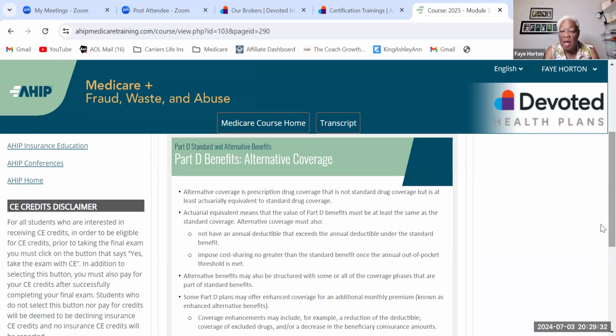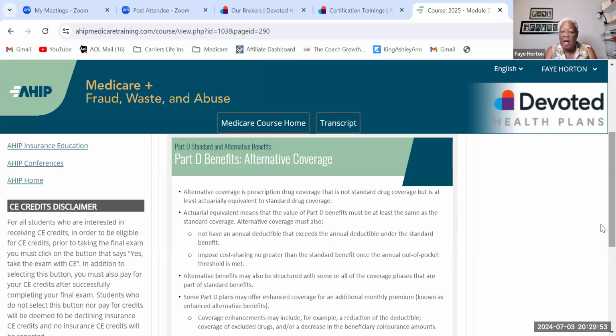Alternative coverage must also not have an annual deductible that exceeds the annual deductible under the standard benefit. It must also impose cost sharing no greater than the standard benefit once the annual out-of-pocket threshold is met.